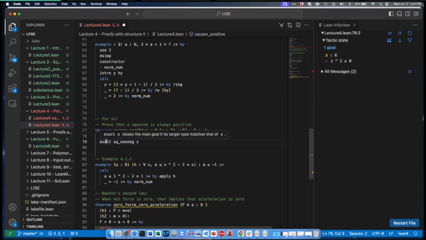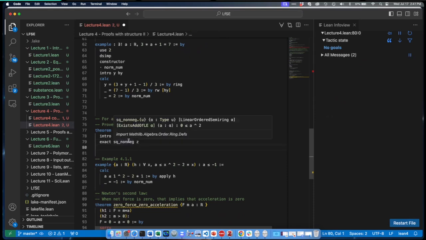We can state exactly this theorem with z, and this theorem is about any real number a. So if I pass z into this, we will get this, okay?